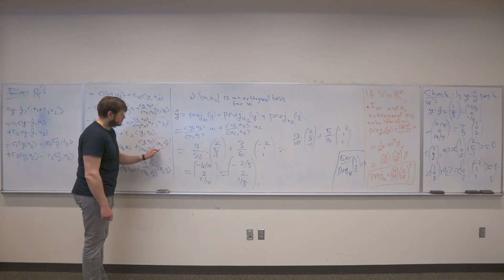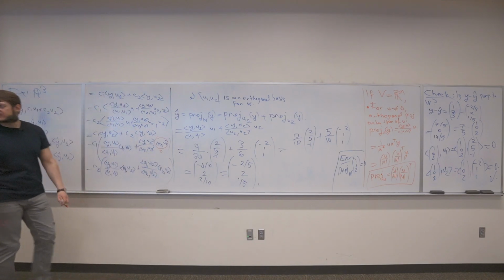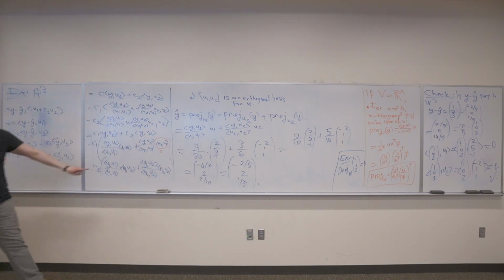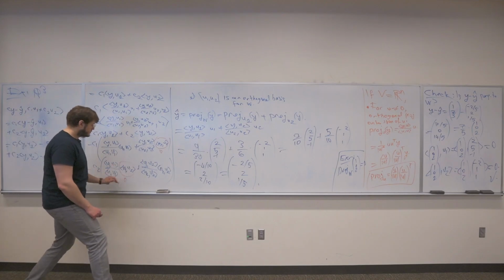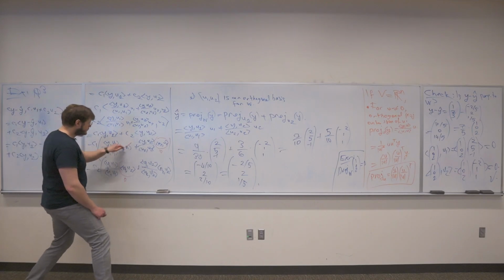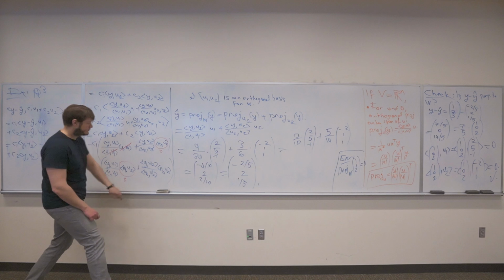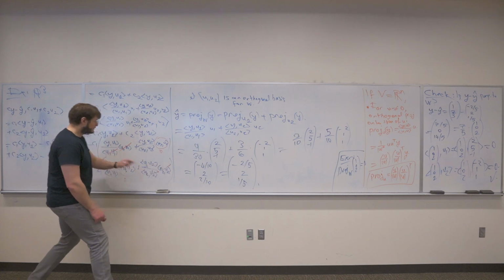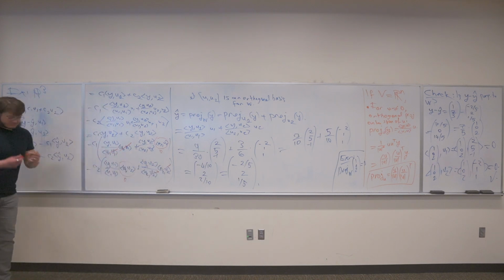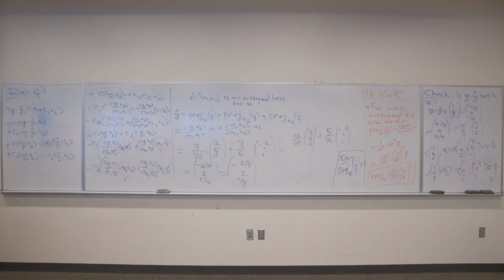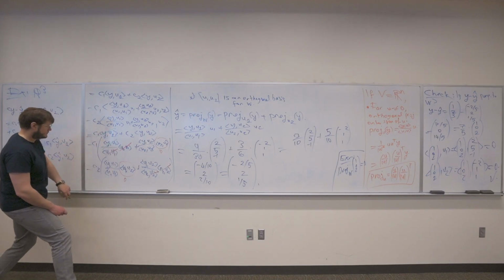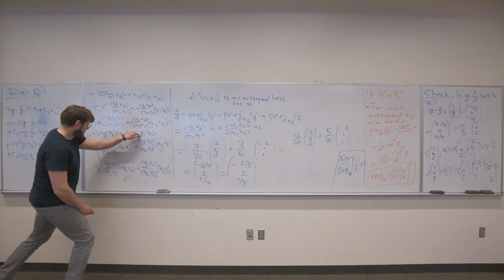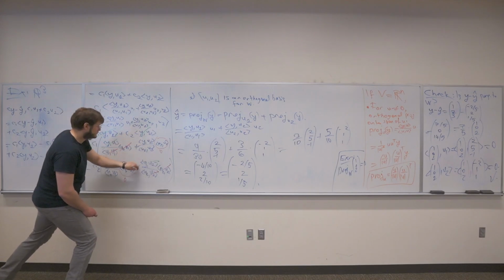This is 0, because I know that u1 is perpendicular to u2. So this is going to cancel out. This is 0. This cancels out. u1 against u1 cancels out with this. u2 against u2 cancels out with this. But then this cancels out with this, and then this cancels out with this.